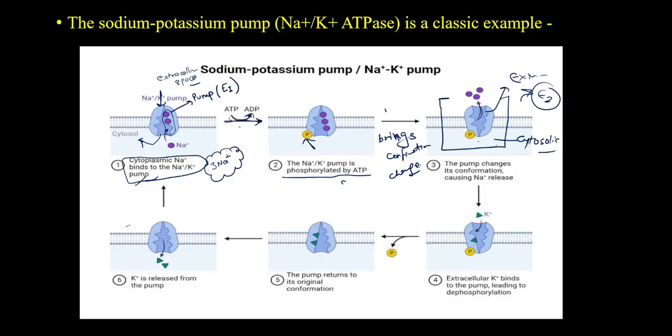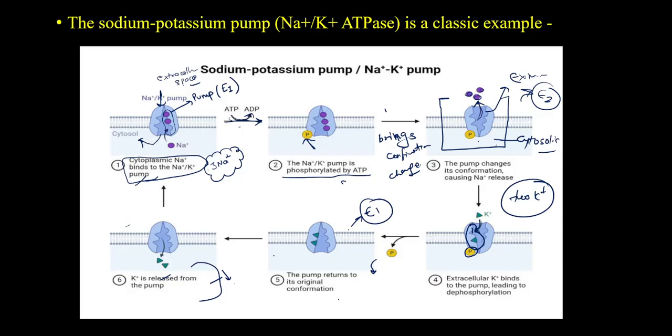It will release the 3 sodium ions in the extracellular space, and 2 potassium ions will bind to the specific site present over here, and after the attachment of potassium ions, the phosphate group will leave this pump, and this pump will return to its original conformation, which is E1, and will release its potassium ions inside the cell.